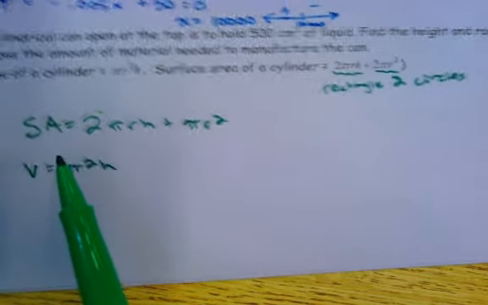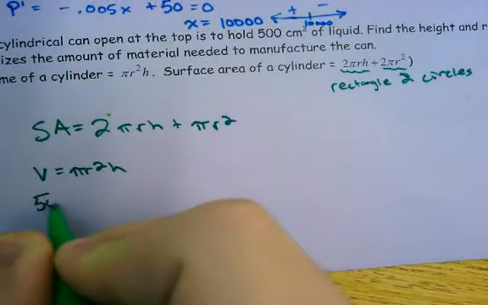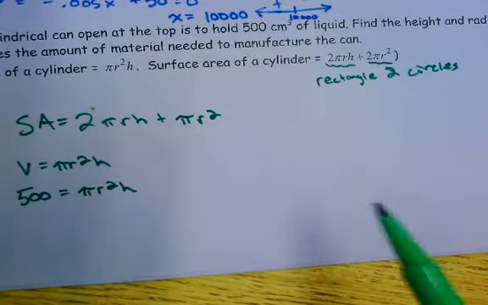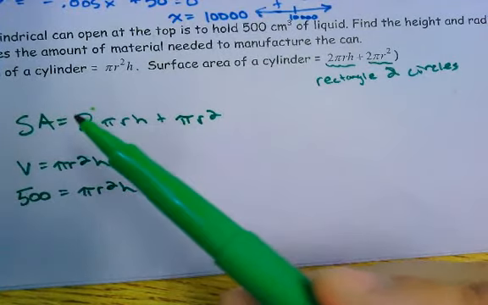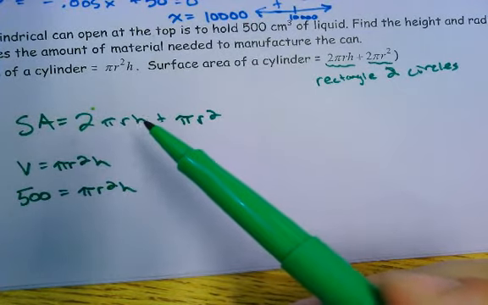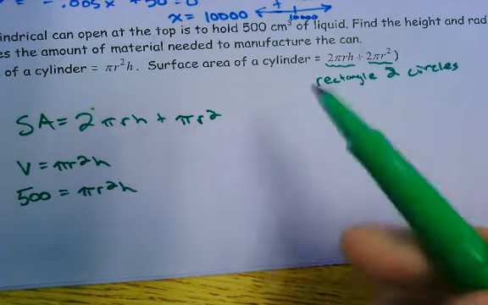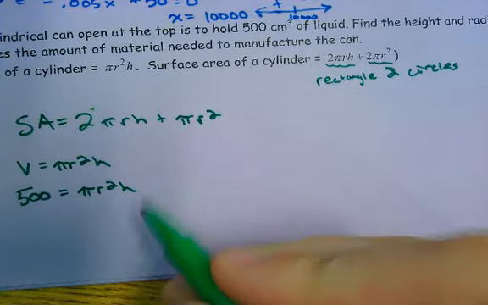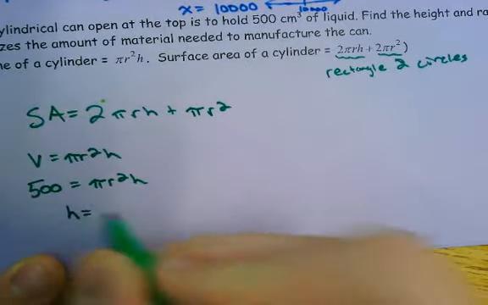This is the formula for volume, and it tells me the volume is 500. So look at my surface area formula. Which one do I want to get rid of, the h's or the r's? The h. There's only one h I have to deal with. I don't have to square anything. So let's get h by itself.